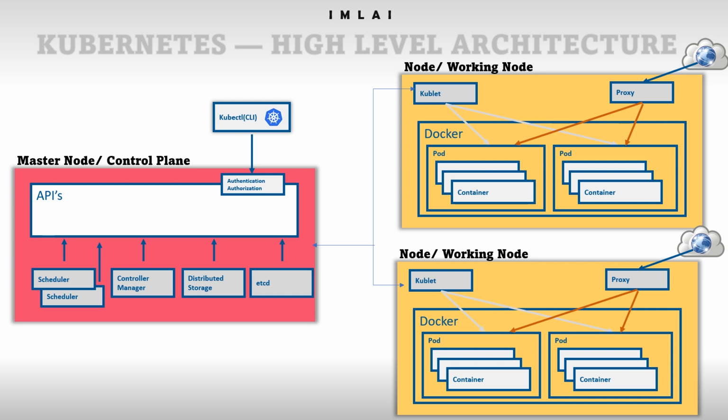So then the third component that we have here is the controller manager. The controller manager runs controllers. It is a control plane component that runs controller processes, and logically each controller is a separate process, but to reduce complexity they are compiled into a single binary and run in a single process.